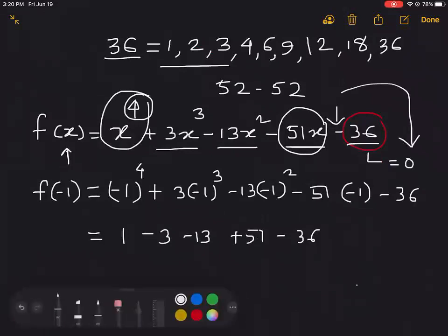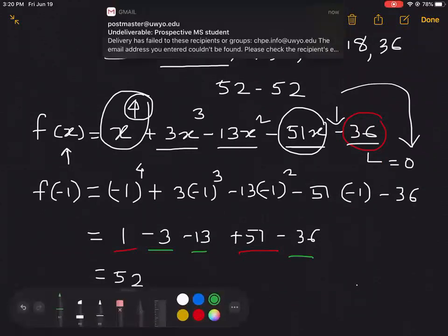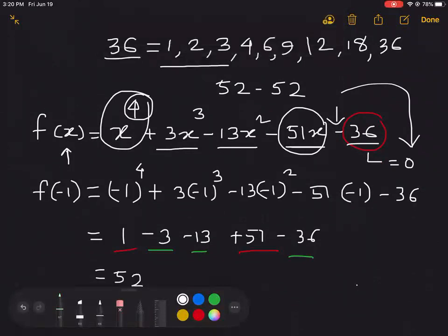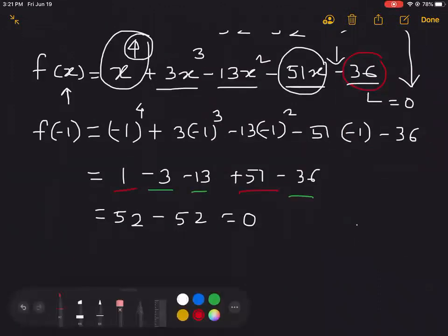And as you can see, this +51 plus 1 will give us a +52, and the rest will give me a -52. So as I said, I'll get a 0, right? So that means this is actually one of my real zeros, okay?